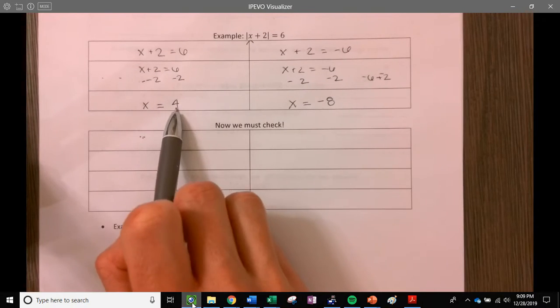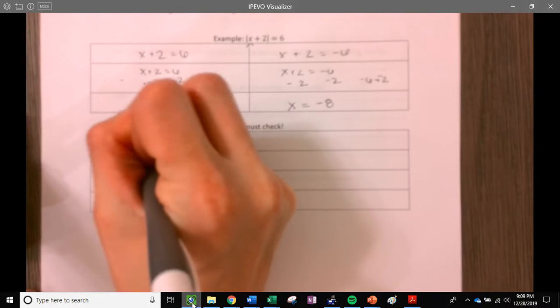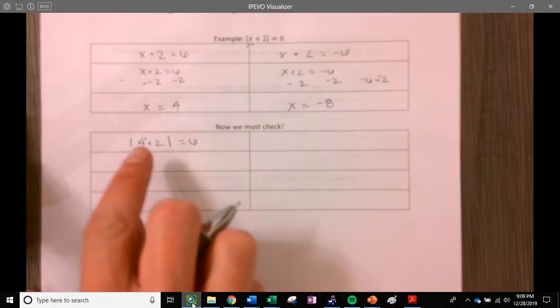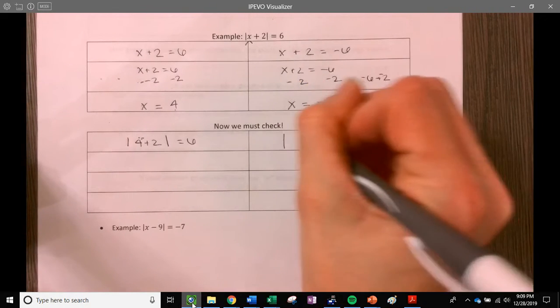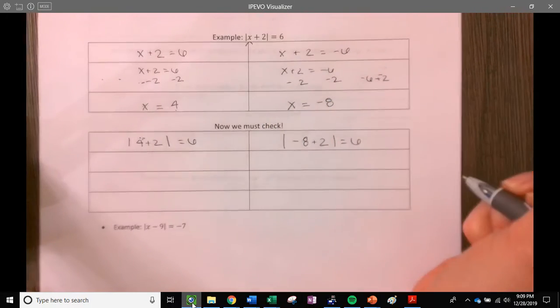So we're going to pop these solutions back into the original problem. We're going to put those brackets back up, and we're going to say this is the absolute value of 4 plus 2 equals 6. And this is the absolute value of negative 8 plus 2 equals 6.